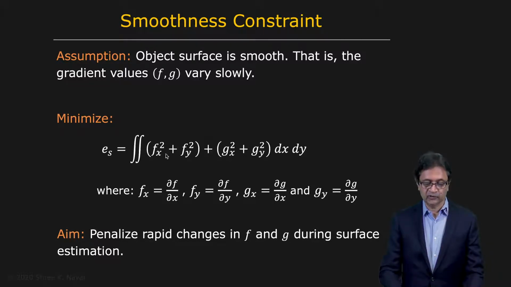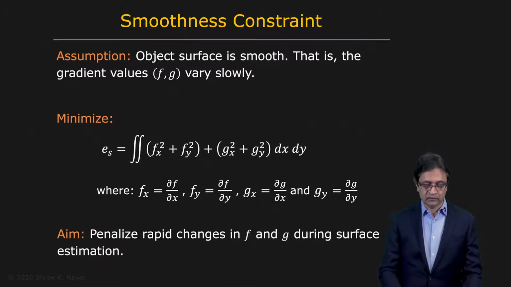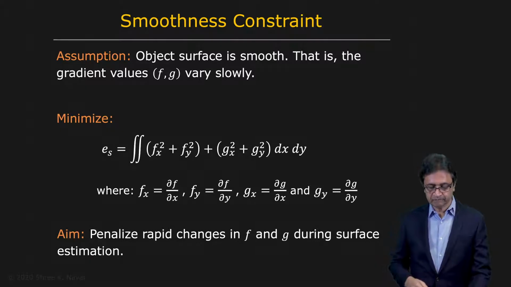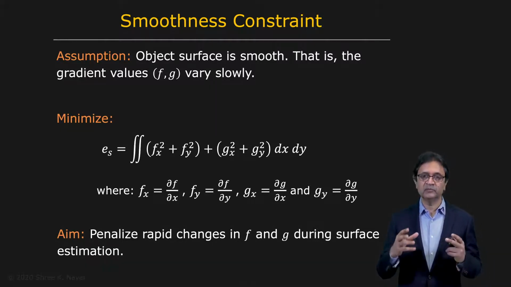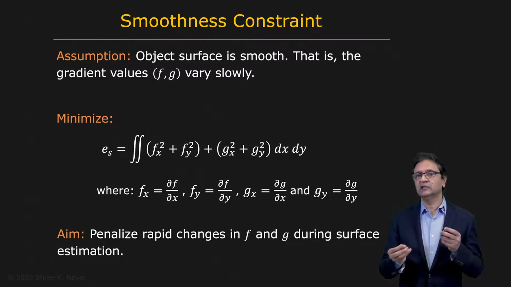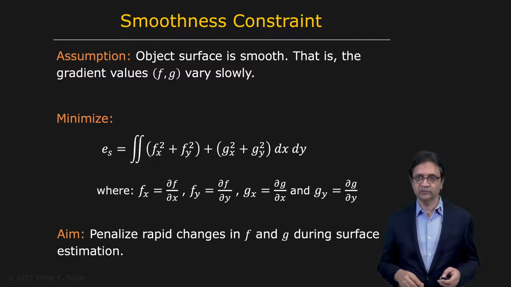We're going to square all of those, add them together, integrate that over the entire image, and we want that error, which is Es, s for smoothness, to be as small as possible. That's going to penalize rapid changes in f and g. And the purpose it serves for us is that it ties the fg values of neighboring pixels together in a way that we'll see soon.